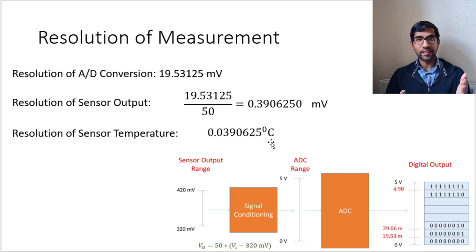Another way to calculate that would be to say I'm converting 320 millivolts to 420 millivolts, which is approximately a 100 millivolts range. And we are dividing that into 256 levels. And you can get the resolution that way as well. And you can see that now our resolution of the temperature measurement is 0.04 degrees Celsius, which is more than adequate for body temperature measurement.